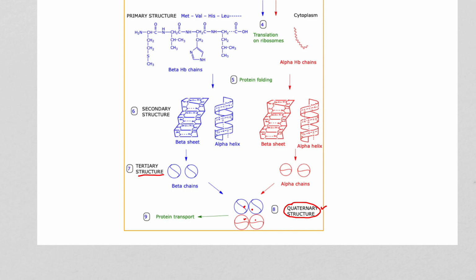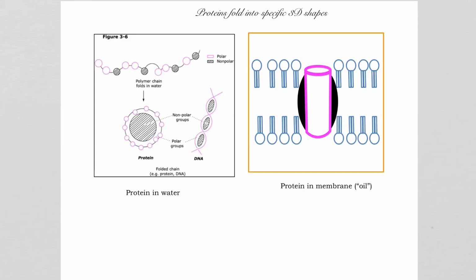Once a protein is made, then it will be transported to the right location in the cell. In case of hemoglobin, it's a cytoplasmic protein, so it stays in the cytoplasm where protein synthesis occurs. So that's basically what the three-dimensional or the shape structure of a protein is.